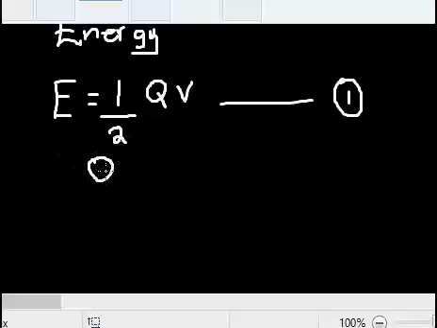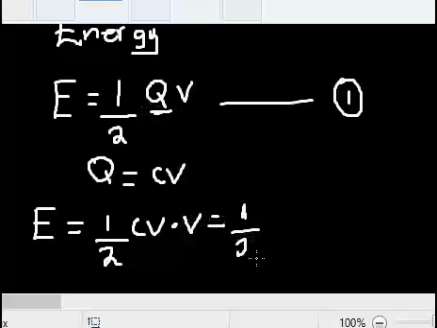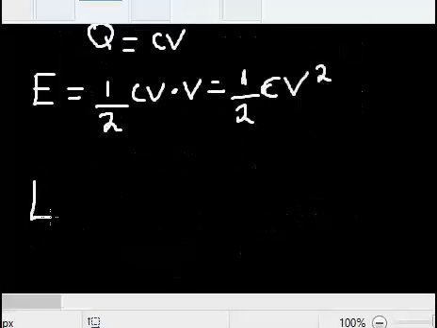Now, having known that Q is equal to CV, the energy stored by the capacitor can also be given as half of Q, which we know is CV, multiplied by V again. So CV times V gives half CV squared. That's still another way.